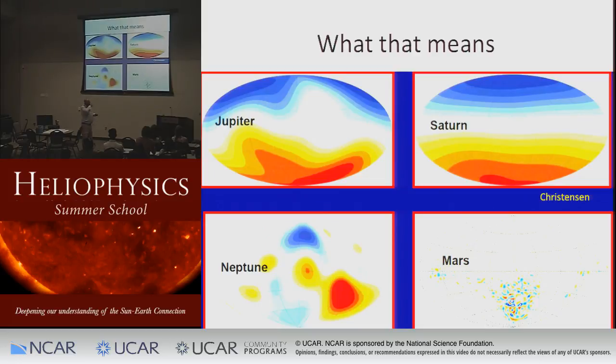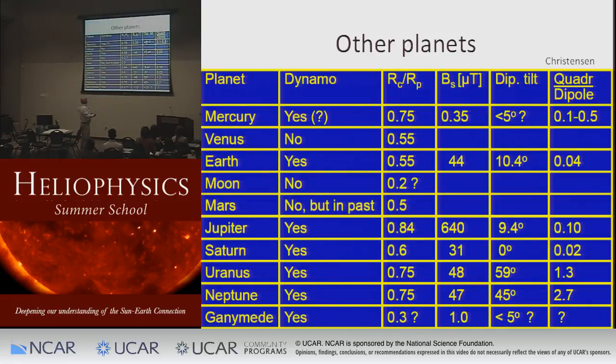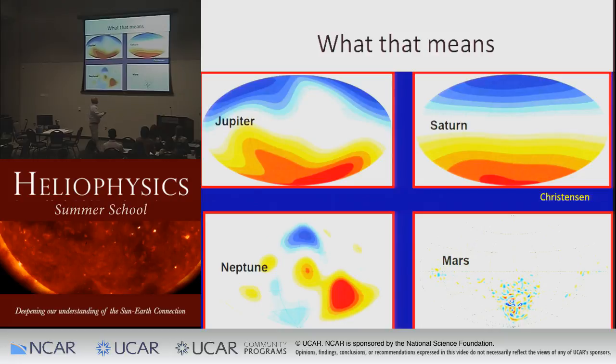The arguments I've mostly heard against it are just luck of the draw. How likely is it that the dipole moments, remember, it's just three numbers that tell you what the dipole field is going to look like. And then all the quadrupole, octupole fields tell you how distorted it's going to be. So the fact that it lines up with a 0-degree dipole tilt is just telling you about those three numbers. Somehow, two of the numbers are very close to 0 for Saturn. Jupiter, not so much. Neptune, definitely not.